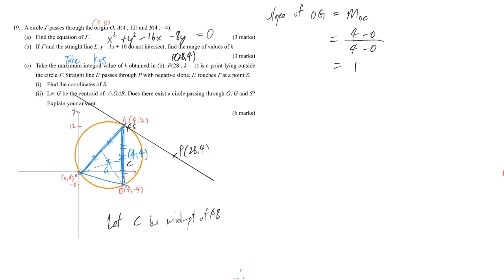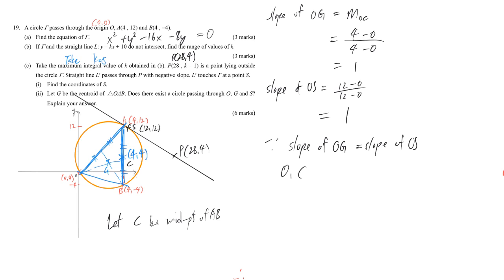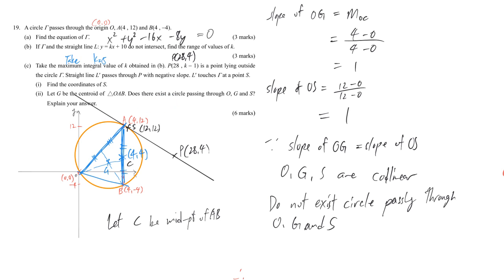So the slope here is 1, and also the slope from the origin to S. S, we already know that is (12, 12) from the previous part. So the slope of OS is just equal to 12 minus 0 over 12 minus 0. We also get 1. Since the slope of OG is equal to the slope of OS, that means O, G, S are collinear. That means it's impossible to draw a circle. There does not exist a circle fulfilling the requirement here.